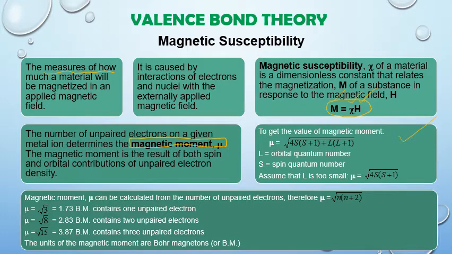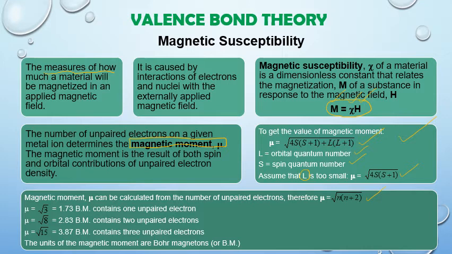This is the formula, involving the orbital quantum number and spin. However, we assume that the orbital contribution is very small, so we can simplify the formula like this. And we know that the spin refers to the unpaired electrons, so again we can simplify the formula like this.